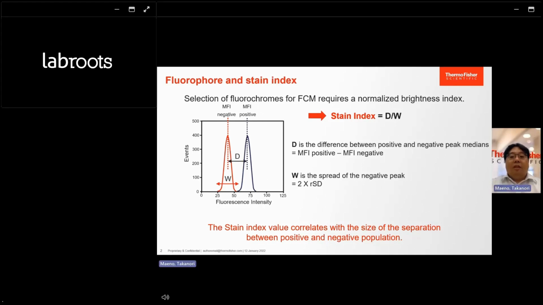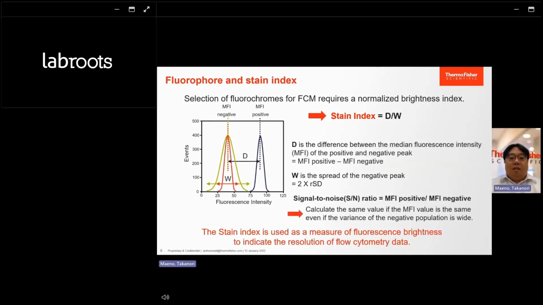For example, if the positive population is lower, or the variance of the negative population is wide, the value will be small. The signal-to-noise ratio often heard in fluorescence microscopy is the MFI value of the positive population divided by the MFI value of the negative population.